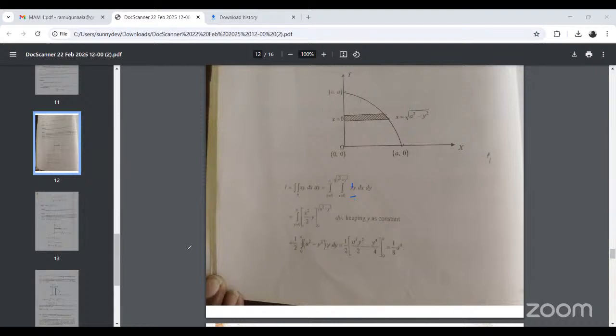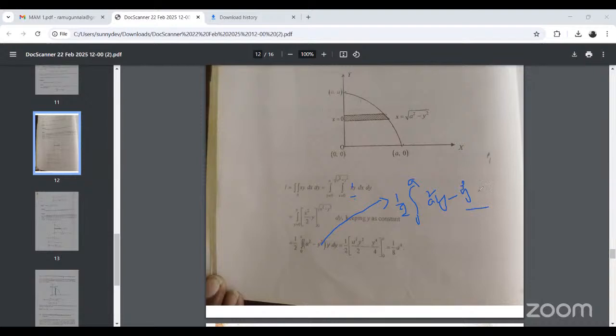Now if you do the multiplication, a square y minus y cube.